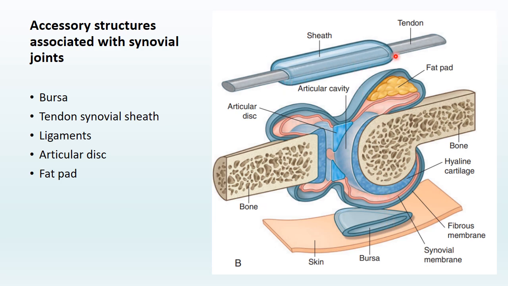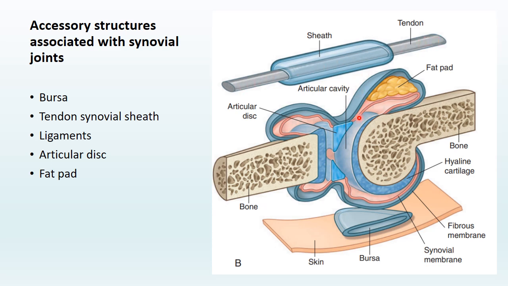The second structure is called tendon synovial sheath, and it has the same concept as the bursa. However, its shape differs. It is a tubular closed sac of synovial membrane, and again it's filled with synovial fluid.